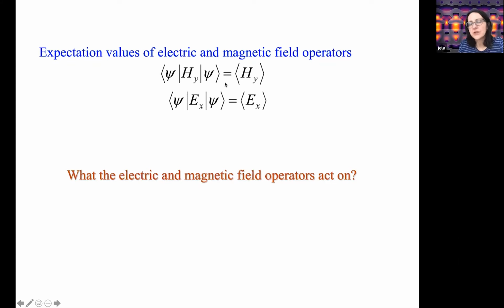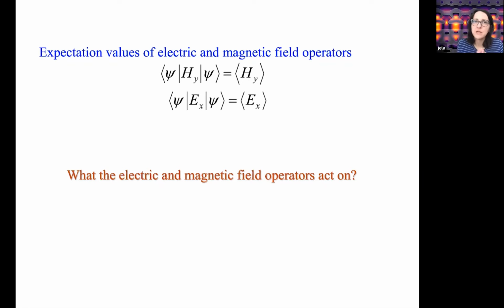So you cannot really talk about values of electric field and magnetic field anymore. Once you quantize the system, you can talk only about expectation values of electric and magnetic field for a particular state of the system. Okay, does that make sense? And since your electric and magnetic field operators depend on space, when you calculate these expectation values, there will be spatial dependence.